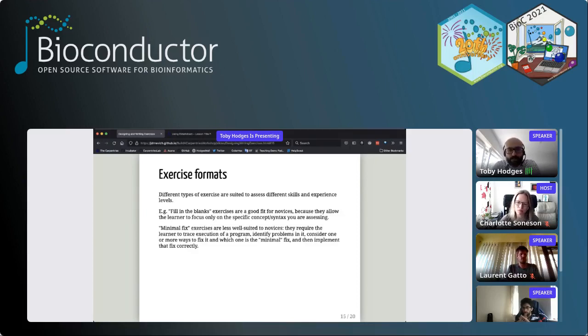Different types of exercise in these different formats I've gone through a few examples of now are suited to assess different skills and to assess different levels of experience as well. So, for example, the fill in the blanks exercise is a really good fit for novices because it provides that structure of most of the code already.